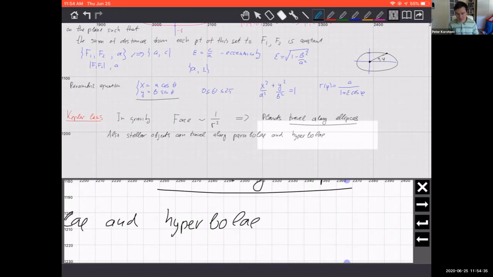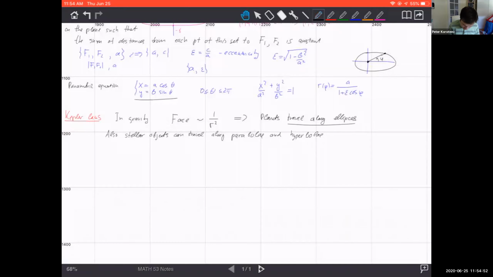That depends on the energy of each object, right? If energy is 0, then it's a parabola trajectory. If energy is positive, then it's a hyperbola trajectory. And if energy is negative, it's bounded, so it's an ellipse.